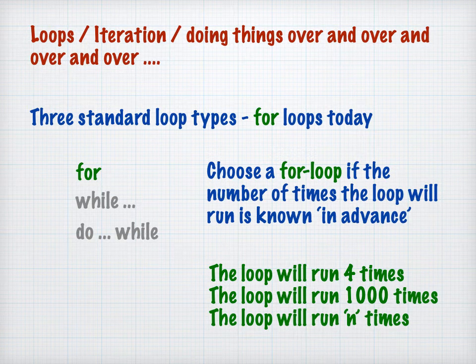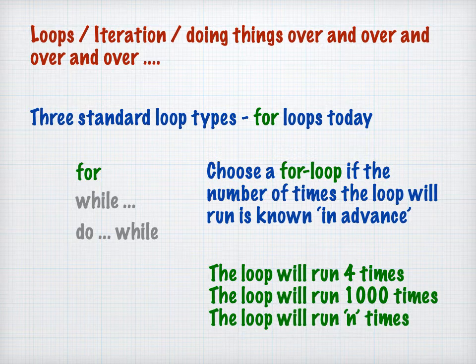Now the way that the for loop works is that you basically suggest how many times the loop will work in advance. So you'll say, I want this to run 4 times or 1,000 times. You could actually say it will run n times or m times.